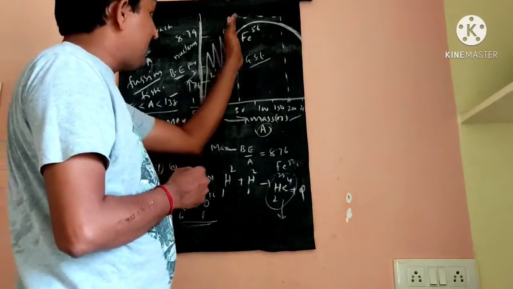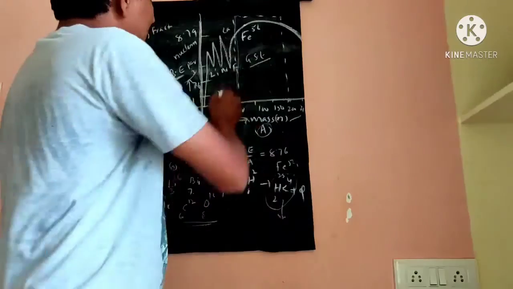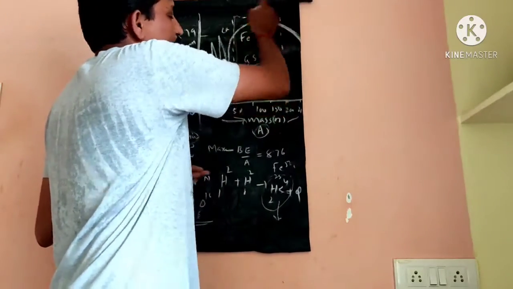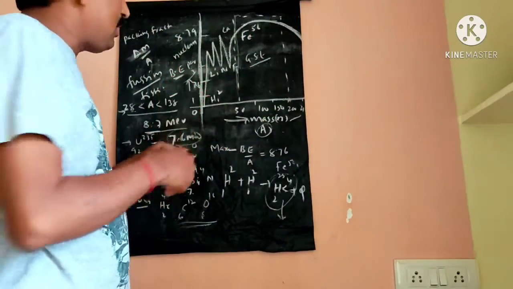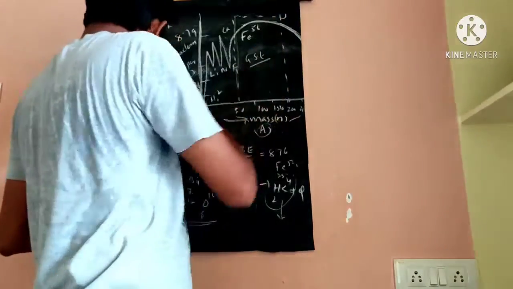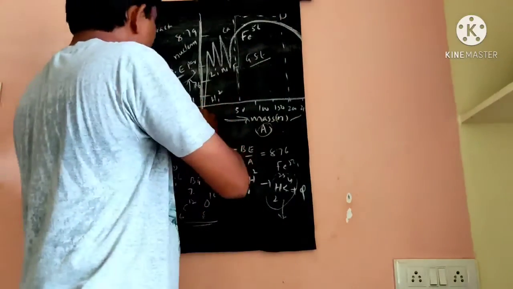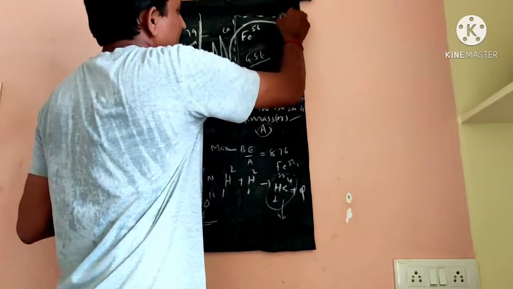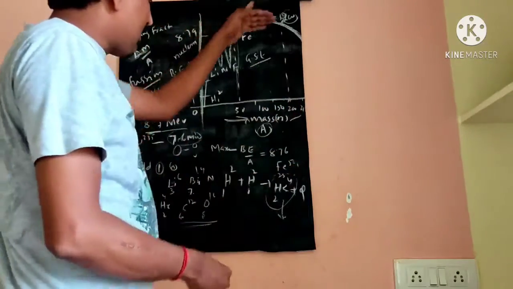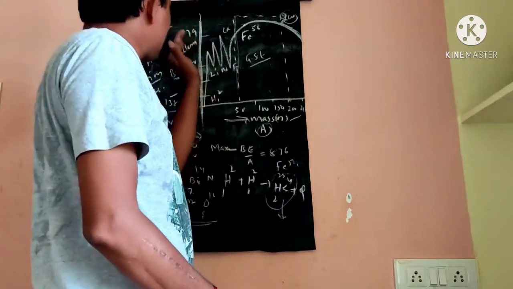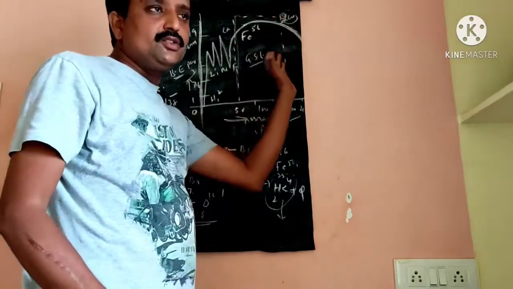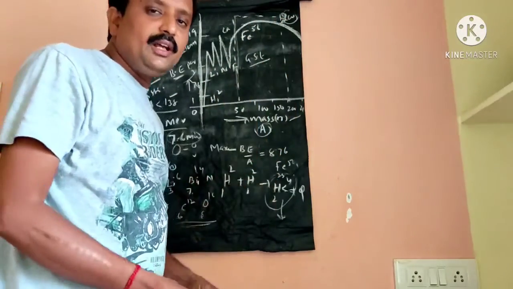Then between 28 and 138, it is stable. These nuclei are very stable. After 200, as the mass number increases slowly, the binding energy decreases due to nuclear fission. Okay? Thank you.